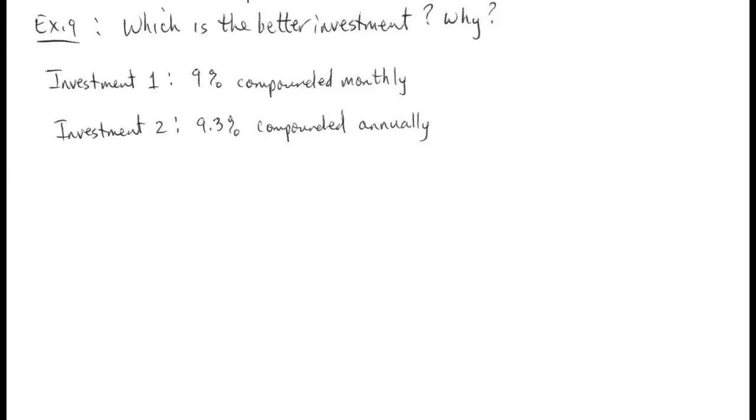So what we need to do is figure out, based upon the formula that we know for annual percentage yield, I'm going to go ahead and write it here. Based upon this formula, we need to substitute in what we need for each investment and then figure out which one is going to give us a higher value.